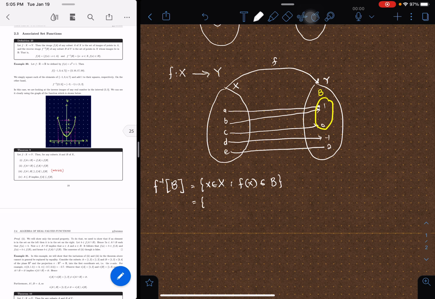We know that a, b, c are mapped to 1 and 0, and 1 and 0 are elements of capital B. So what we can collect here are a, b, and c. That is the definition of the inverse image.